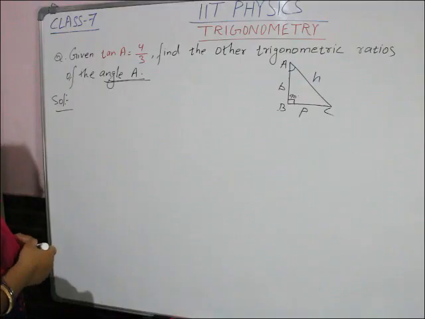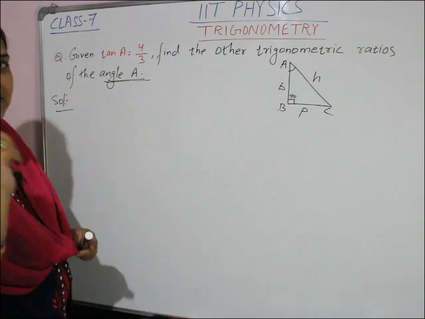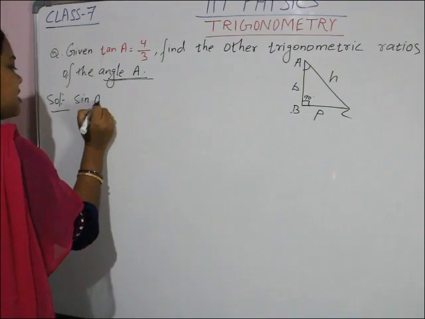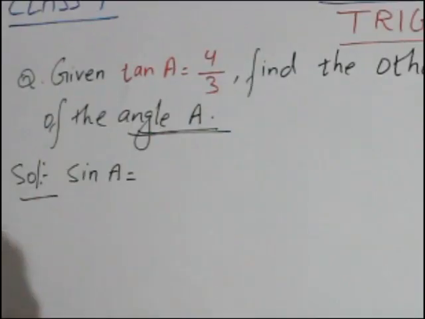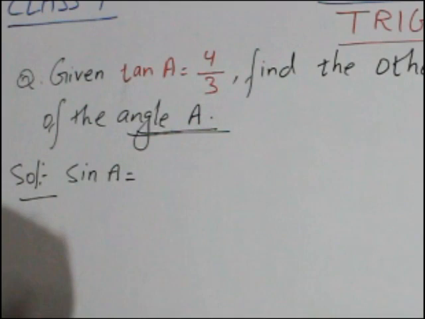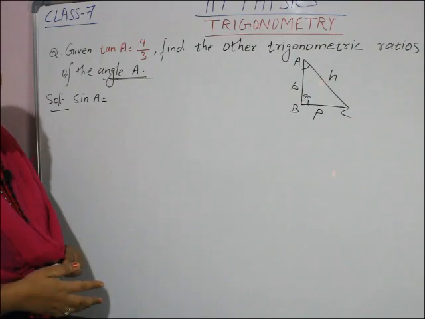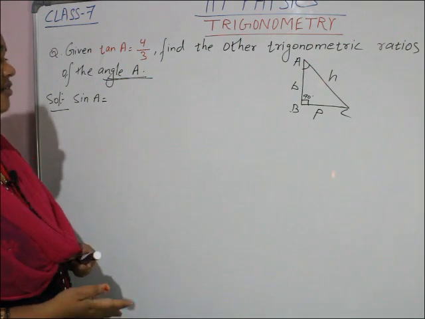Now we have to find the trigonometric ratios. The first trigonometric ratio is sin A. You have to compulsorily remember sin A is P by H, cos A is B by H, tan A is P by B. Then only you can find out.